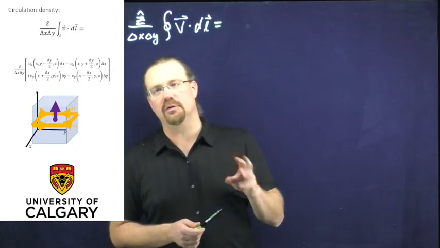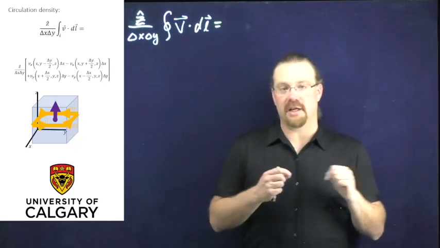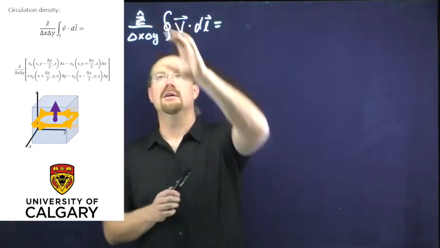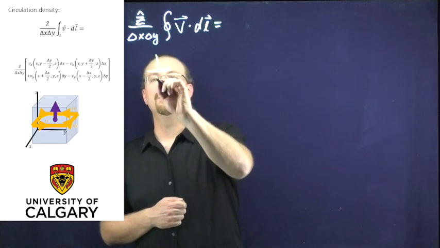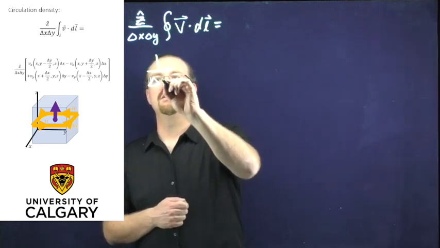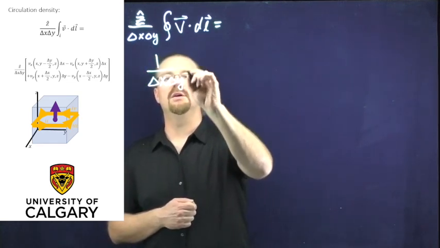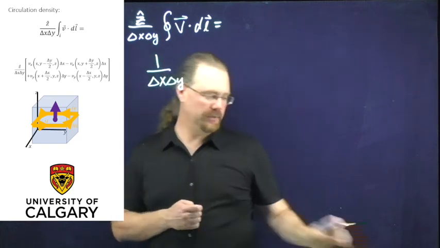When we add up all four of our line integrals around the path, our circulation density that we've been calculating is 1 over delta x, delta y. All of this is pointing in the z hat direction.